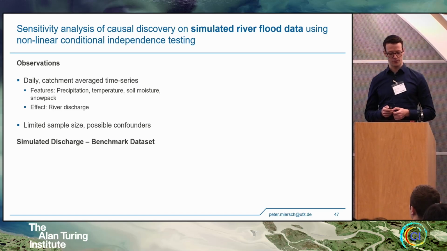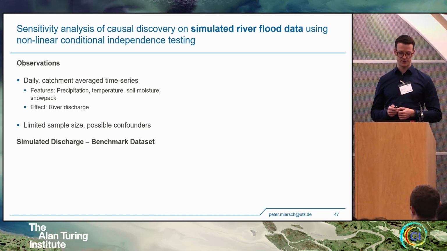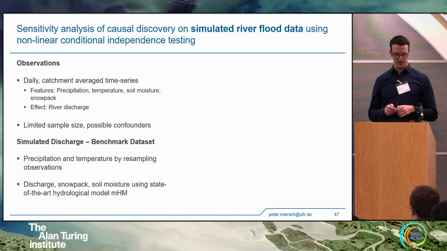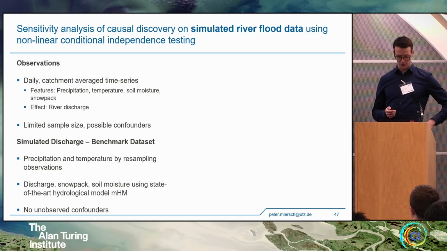And this motivates why I want to use a simulated discharge benchmark data set, where we get precipitation and temperature just by resampling the observations in a way that preserves both the temporal structure and the seasonal cycle. And we get discharge, snowpack, and soil moisture using a state-of-the-art hydrological model, mHM. And the good thing is we don't have any unobserved confounders here.